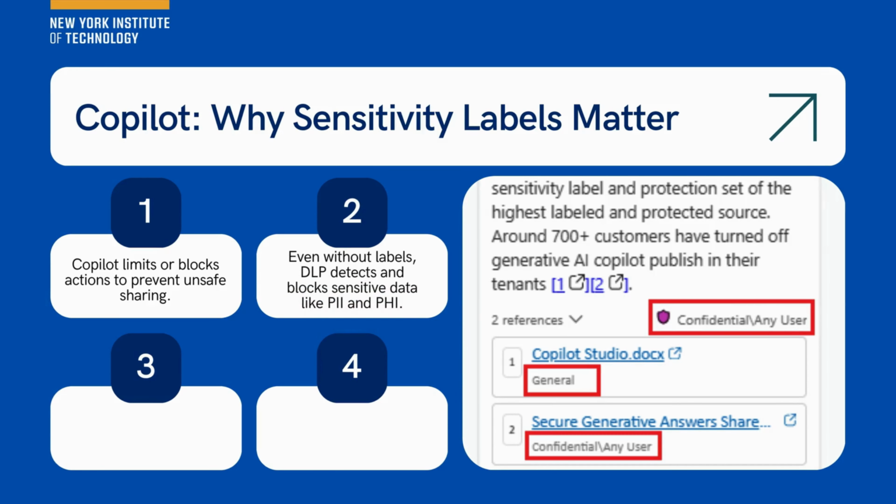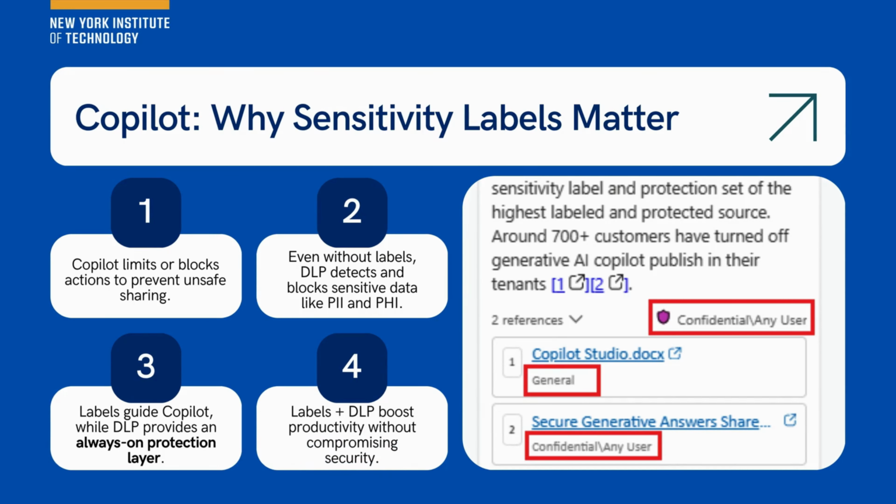Even without a label, DLP detects and protects sensitive information such as PII and PHI, stopping it from being processed or transmitted outside New York Tech's secure environment. In short, labeling your files and messages helps Copilot understand how to handle them, while DLP provides an added layer of protection behind the scenes. Together, they make sure Copilot enhances productivity without compromising security.